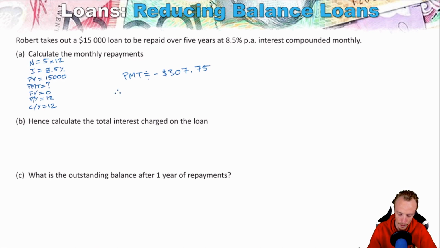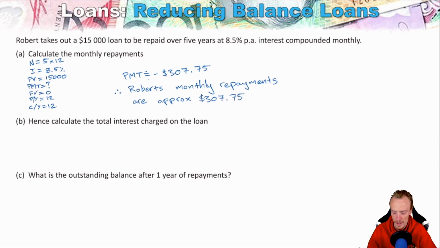So therefore, Robert's monthly repayments are approximately $307.75. So I just like that general rule of thumb whenever this is a negative, that we interpret what that actually represents in context of the question.